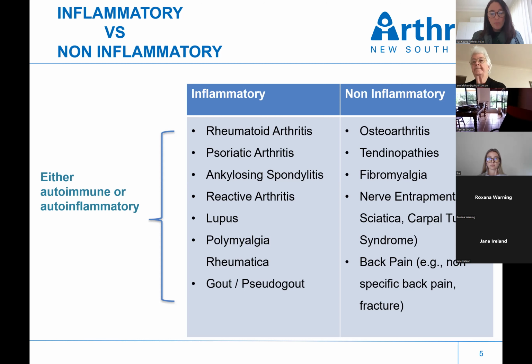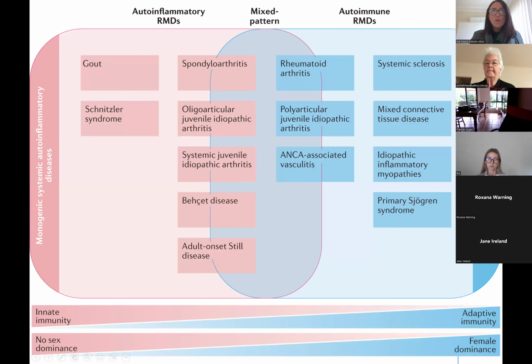And what I'd like to talk about next is autoimmune conditions. Most rheumatic and musculoskeletal diseases can be placed along a spectrum of disorders, with autoinflammatory diseases and autoimmune diseases representing the two ends of the spectrum.